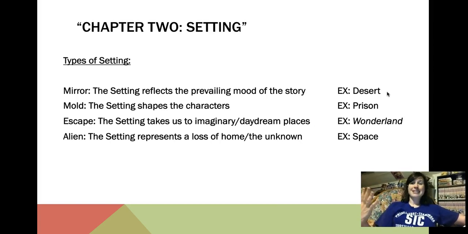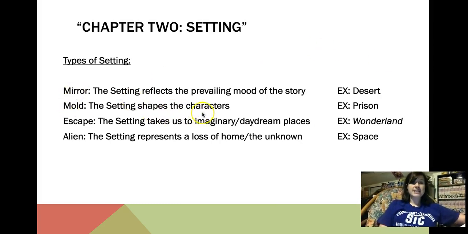That desert is actually mirroring his emotions. And that's the author's intent, to make us feel like Finn feels, and the desert helps to amplify that feeling of loneliness, desperation, exhaustion. So that would be an example of mirror setting.